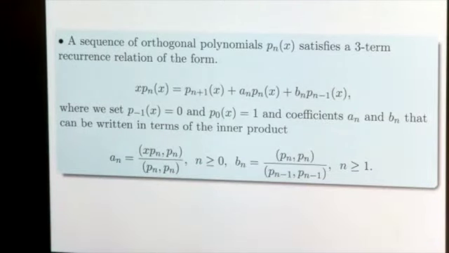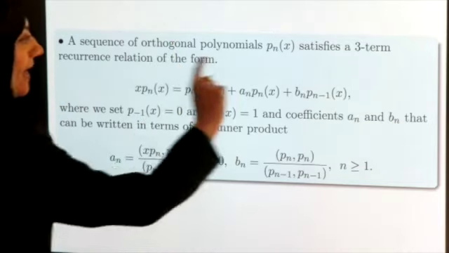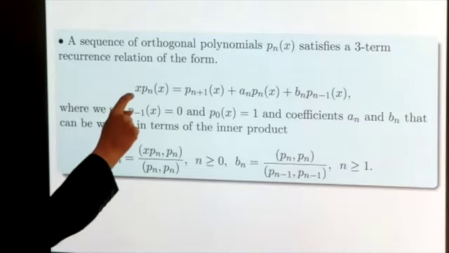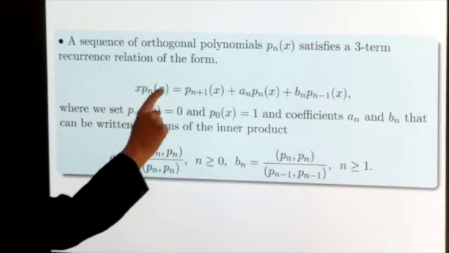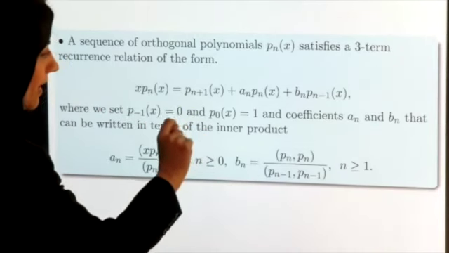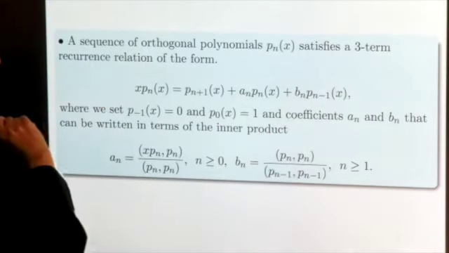Another property, a very important property, is that a sequence of orthogonal polynomials satisfies this three-term recurrence relation. X times Pn of x equals, you can see here we have Pn plus 1, Pn minus 1.